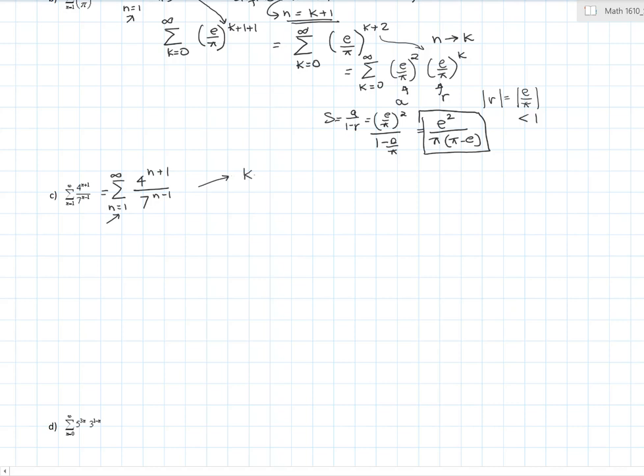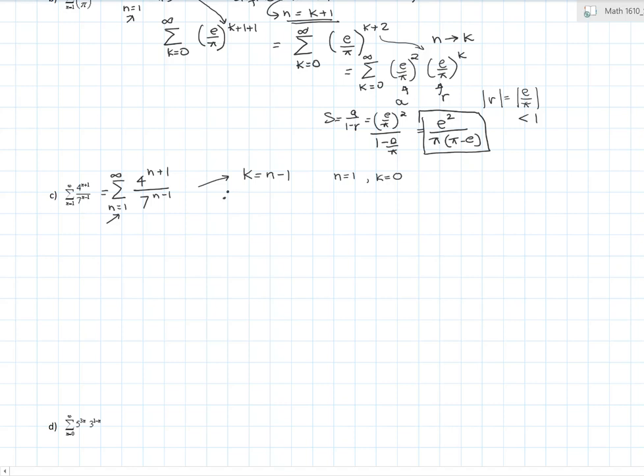So I'm going to say k is n minus 1, because in that case, when n is 1, k would be 0. So then the summation would start from 0.